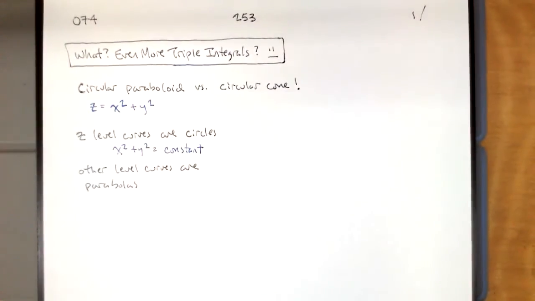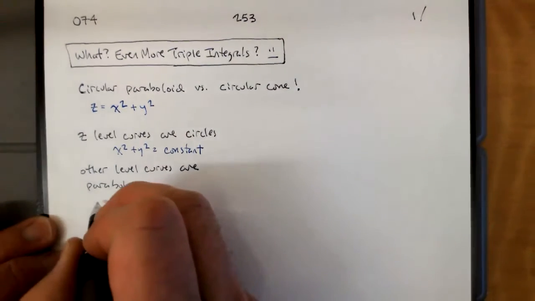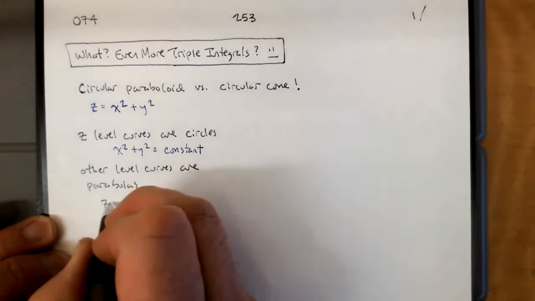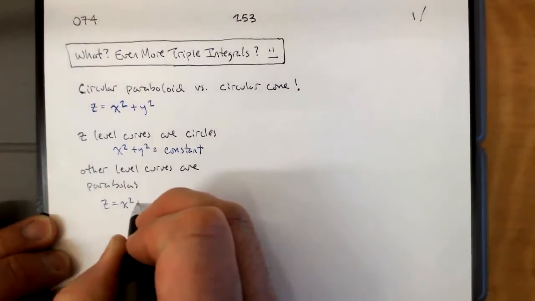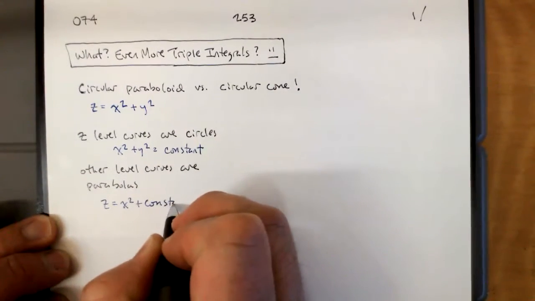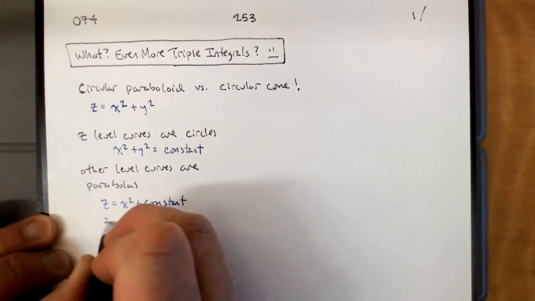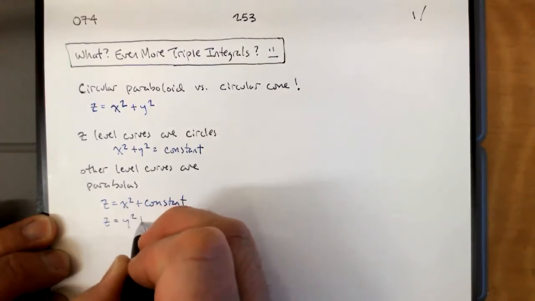Our other level curves are going to be parabolas, either z equals x squared plus some constant, or z equals y squared plus some constant.